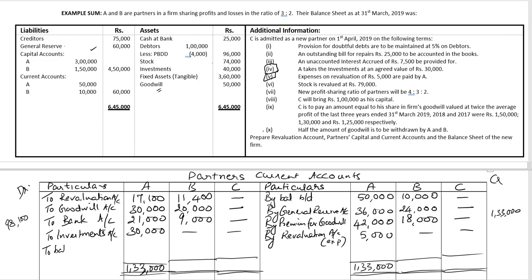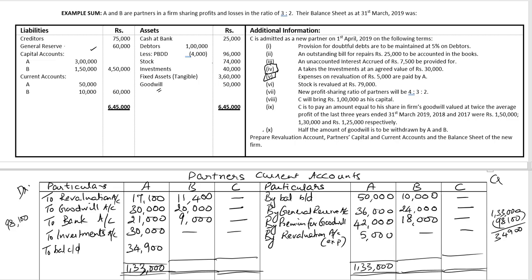To balance carried down, 1,33,000 minus 98,100 rupees. ₹34,900 balance carried down for A's current account.